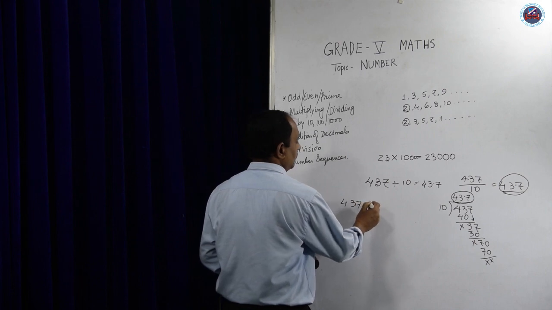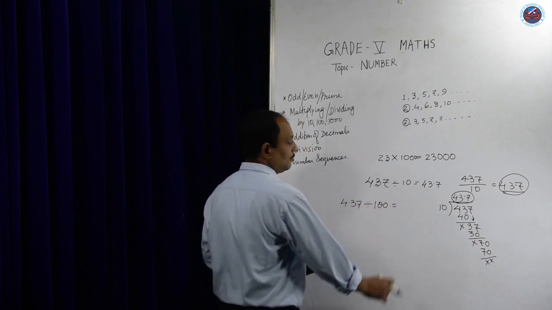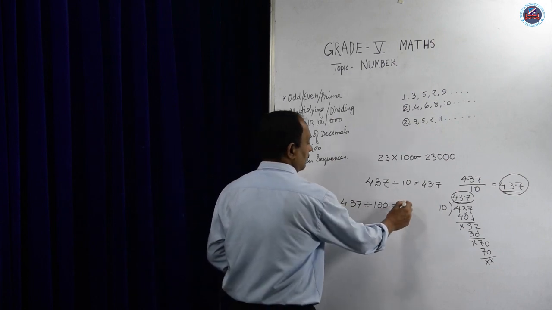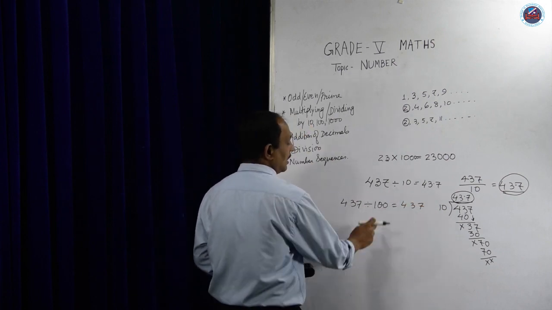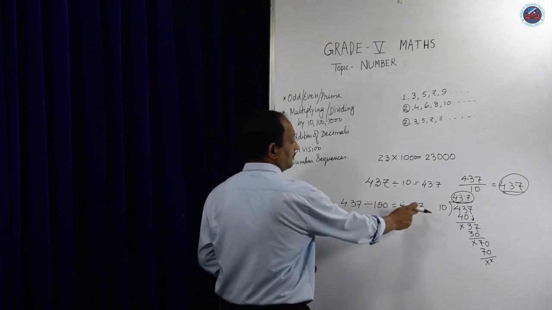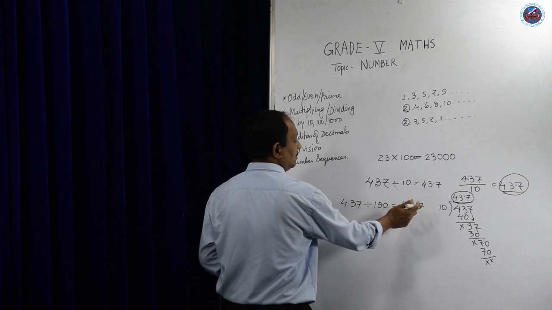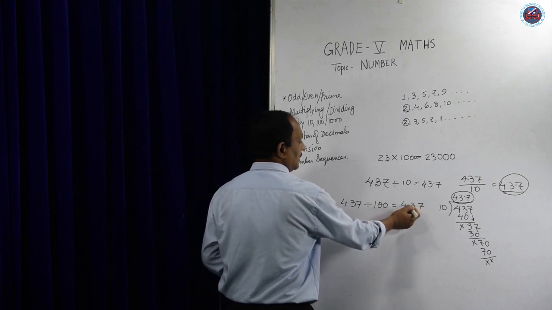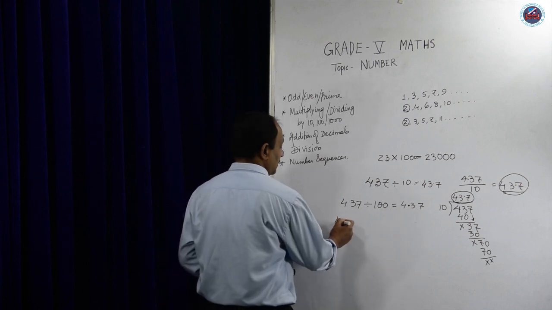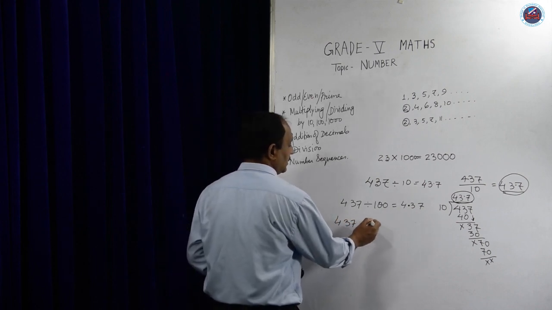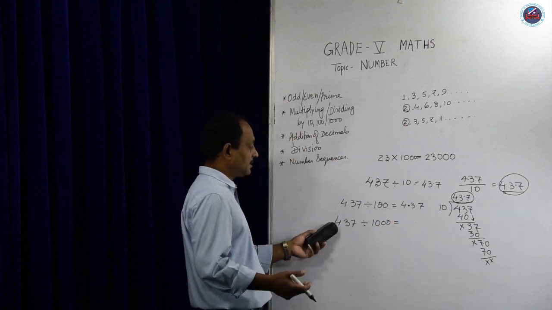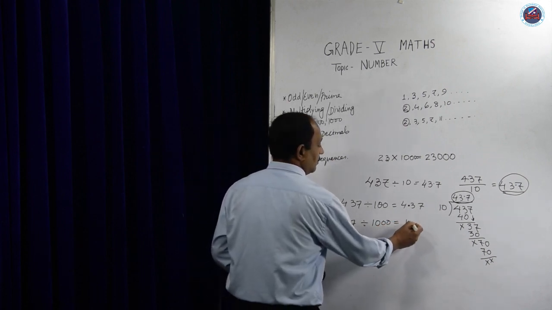Now suppose the same number 437 divided by 100. What will be your answer? Write it down this number 437. How many 0 here? 2 0. So after 2 decimal, that is 4.37, and put this decimal here. Suppose the same number 437 divided by 1000. Same way, write down this number 437.